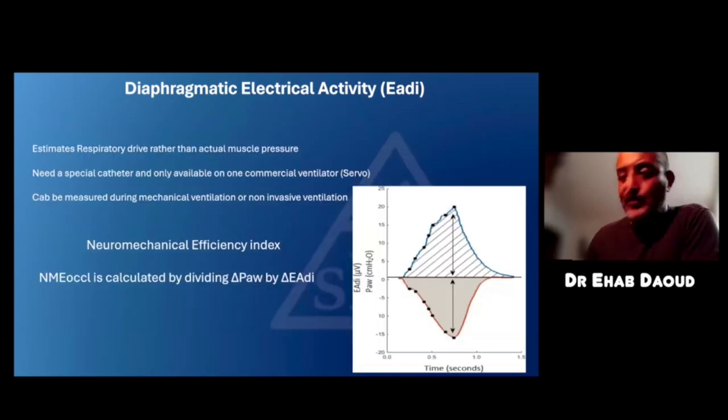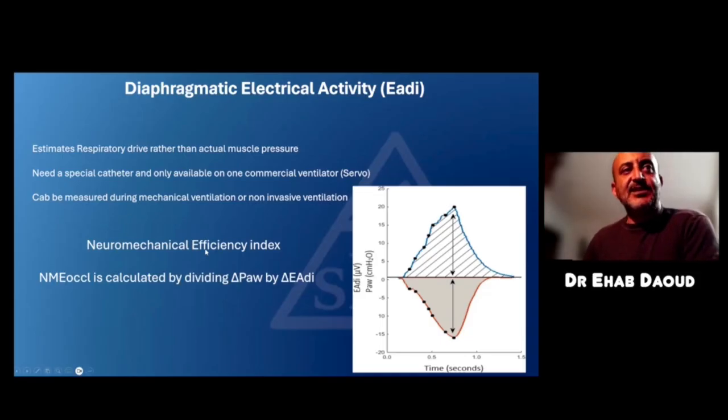So if you don't have that ventilator, you can't use it. The good thing about it is you can use it whether the patient is in positive pressure or negative pressure. It only estimates the respiratory drive. Because it measures electricity, it does not give you the exact PMUS.